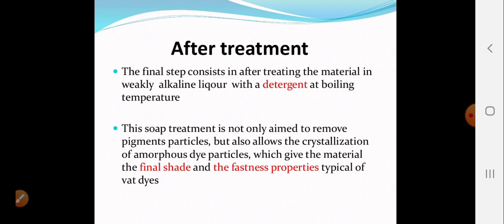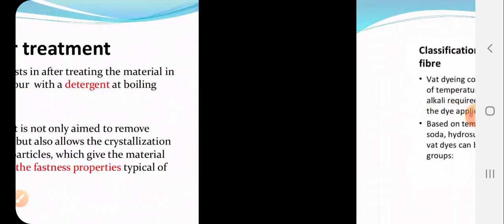This soap treatment is not only aimed to remove pigment particles but also allows the crystallization of amorphous dye particles, which give the material the final shade and the fastness properties typical of vat dye. Because of this treatment with detergent, crystallization of amorphous dye particles takes place and they fasten well, the bonding is strengthened, and the shade also improves.